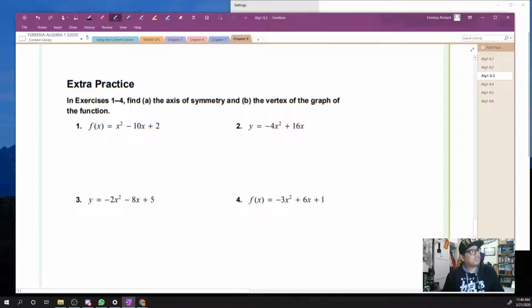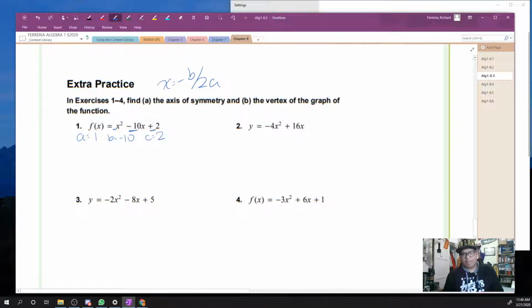The axis of symmetry happens when x equals negative b over 2a, the most important thing we've learned today. So what is negative b over 2a? Well, a is 1, b is equal to negative 10, c is equal to 2.